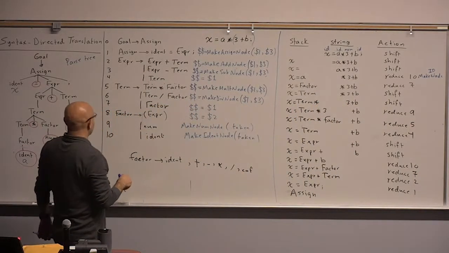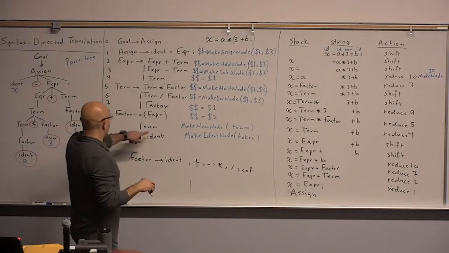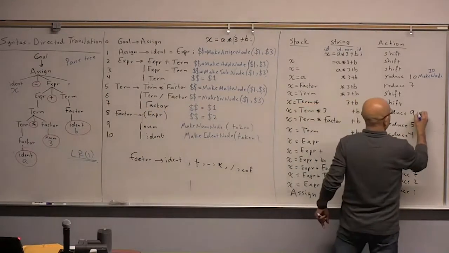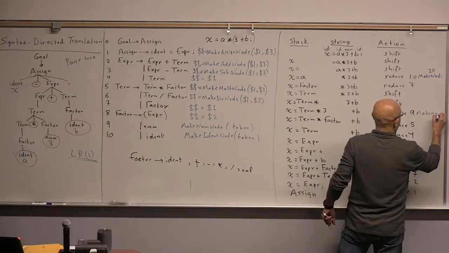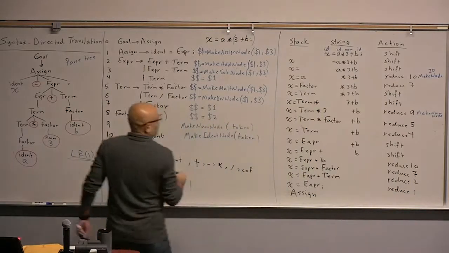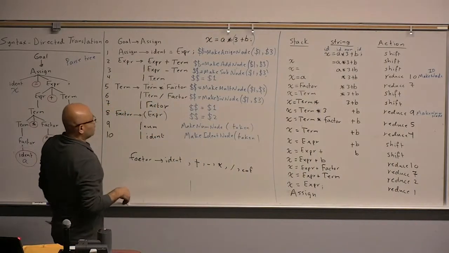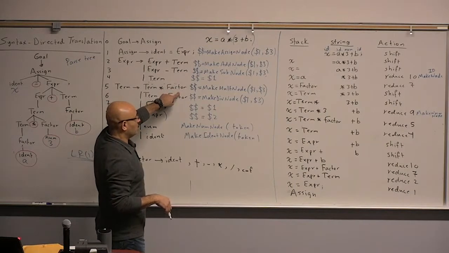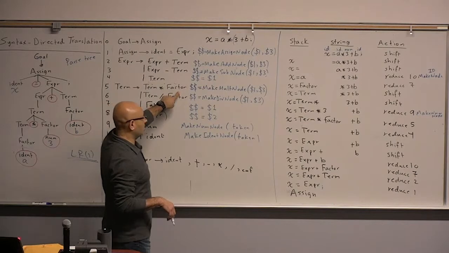And when we reduce by 9, we are making a number node. And when we are reducing by 5, we are making a multiply node.